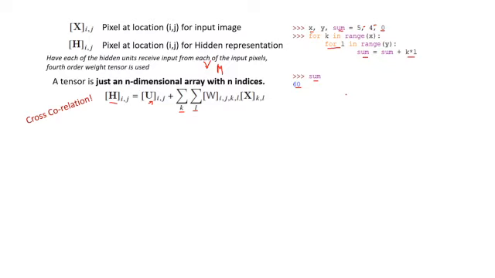So now, we will be making some changes. We will be substituting k with i plus a, and then we will be substituting L with j plus b. So we are just re-indexing the subsets.